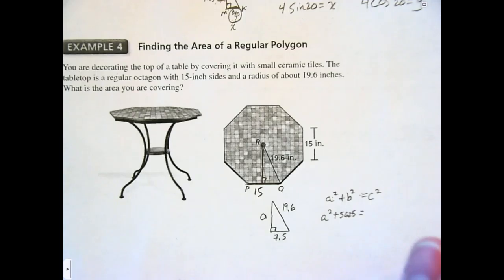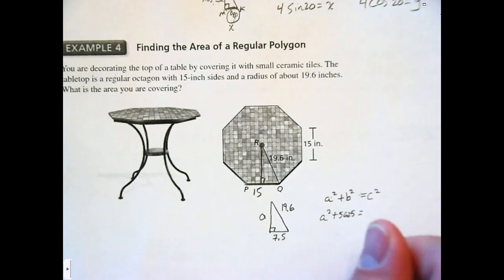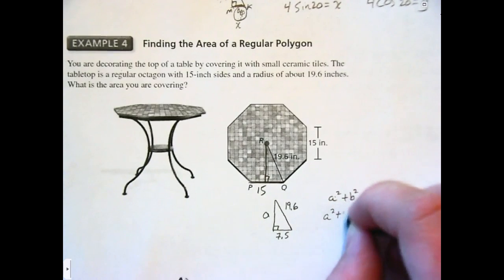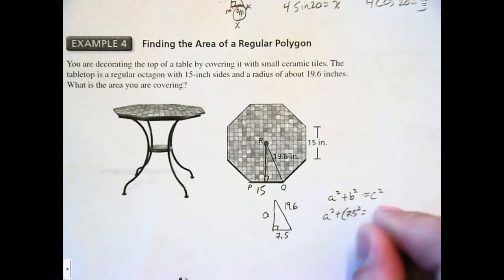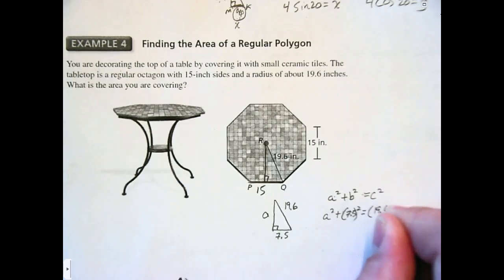Anyone have that? I think that's right. No, 56.25. So we do 7.5 squared, and 19.6 squared.